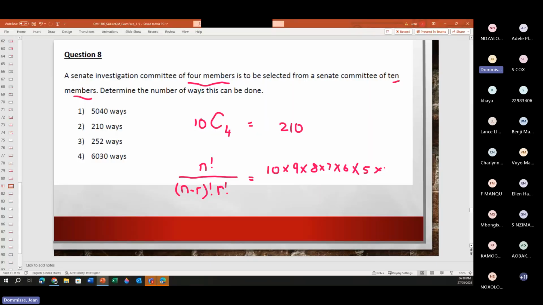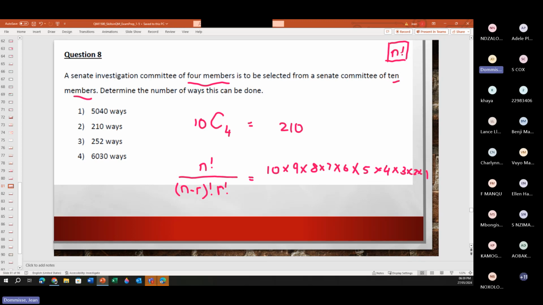On most of your calculators, you will sometimes see an n factorial button, normally close to the combination and permutation button.